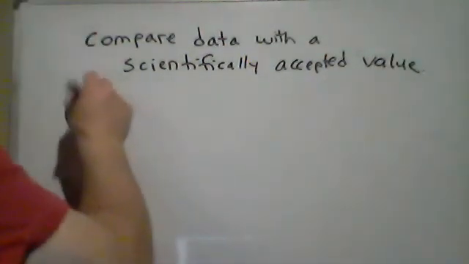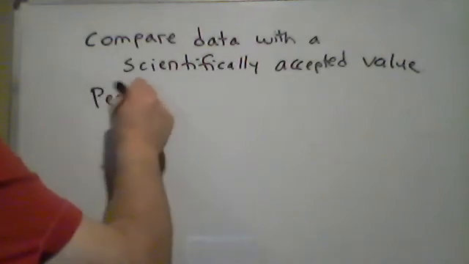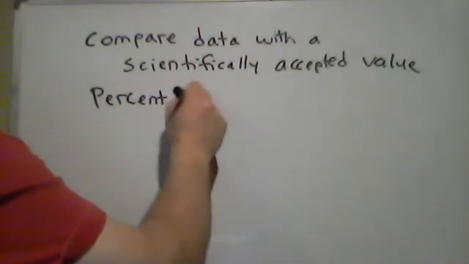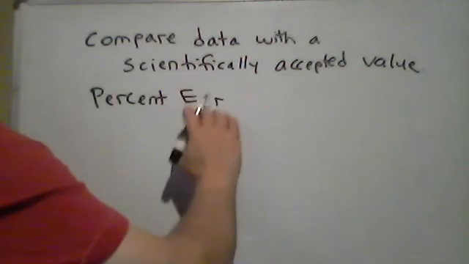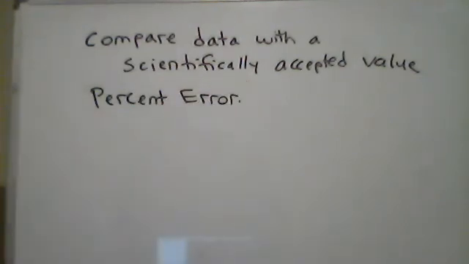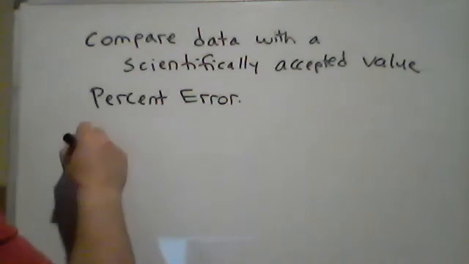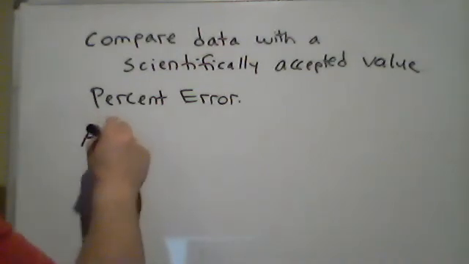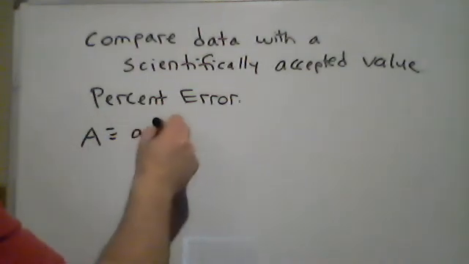We use what's called a percent error. Let's say, for instance, we know the accepted value is A. That's our accepted value, whatever it is.